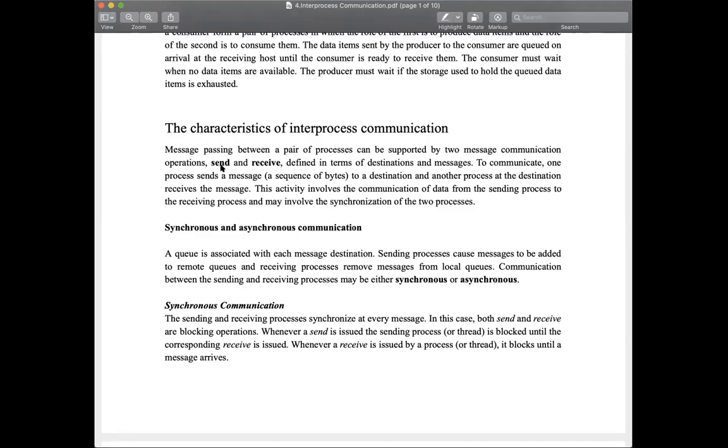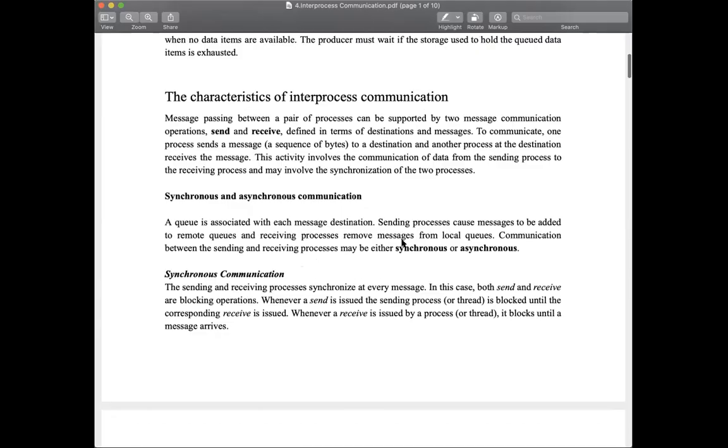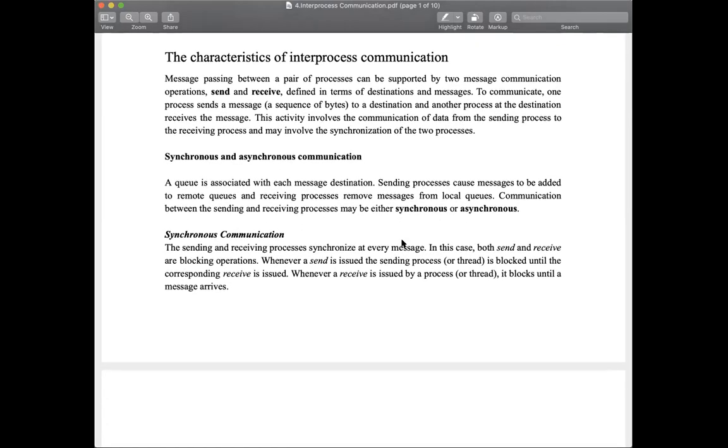One process is sending a message to a destination, and that destination receives that information from the sender. That's the operation available in interprocess communication, send and receive.